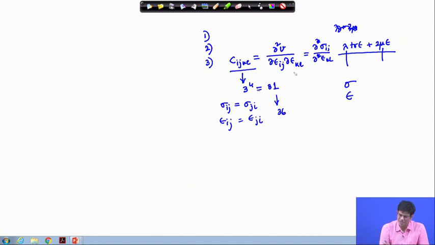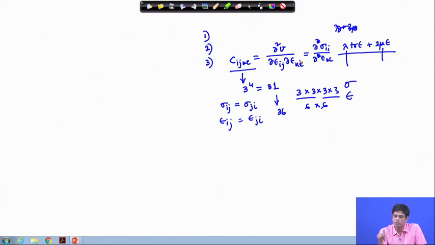This is very simple essentially. If you write it as 3 cross 3 cross 3 cross 3, this pair becomes 6 and this pair becomes 6, so it is 36 components. Then if you use the major symmetry, that is the partial derivative, C ijkl can be written equal to C klij, which is just shifting the partial derivative, like del square by del x del y can be written as del square by del y del x.